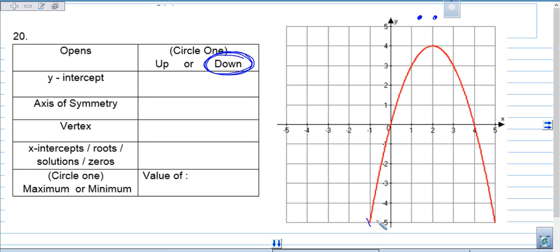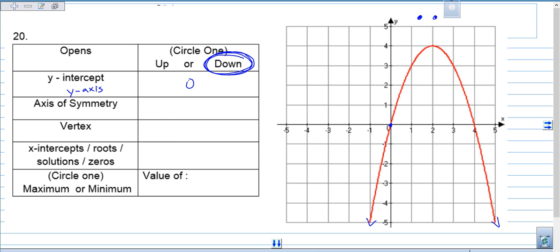And look at where the arrows are pointing. They're pointing down. Okay? The y-intercept is where it crosses the y-axis. So think y-axis. So that's the y, and it's right here, and it would be 0. You could think of this as the point 0, 0 if you'd like, but really all I need to know is that you know that it's 0. Okay?